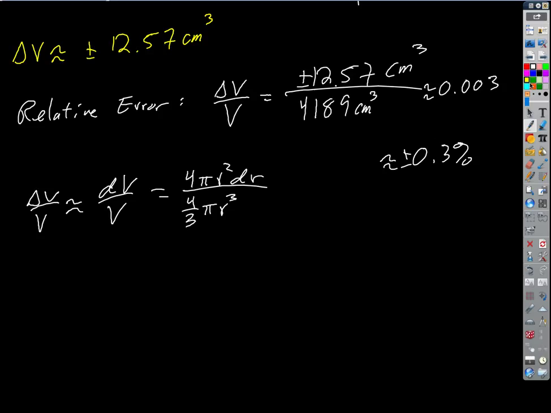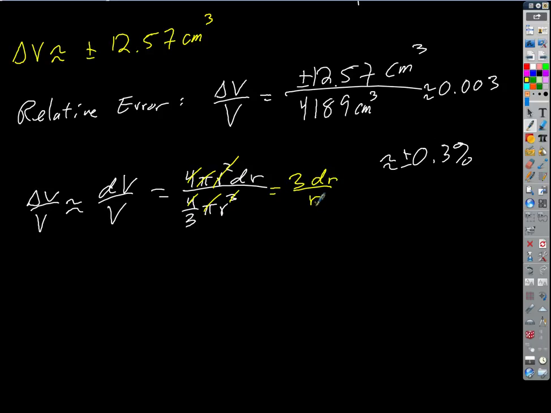Yeah, I could cancel tons of stuff. I could cancel r squared and r squared, my pi's, my 4's. And I'd end up with 1/3 on the bottom becomes 3 on the top. Right? That's better, isn't it? That gives us a much more concise formula that tells us what our relative error is going to be in terms of my measurement error and my target value, right?